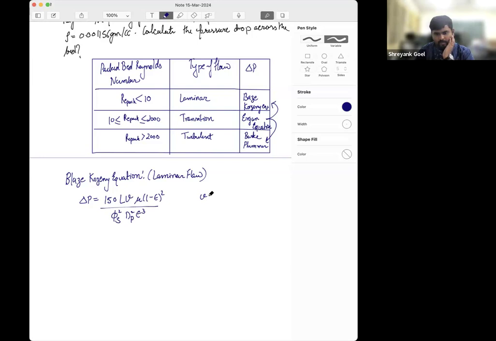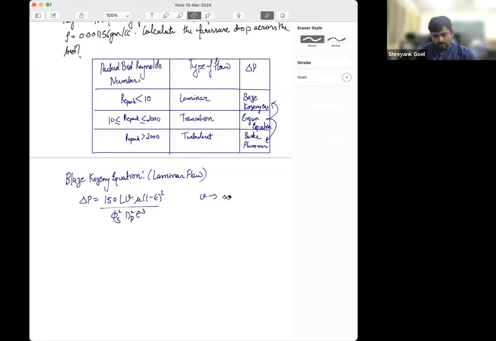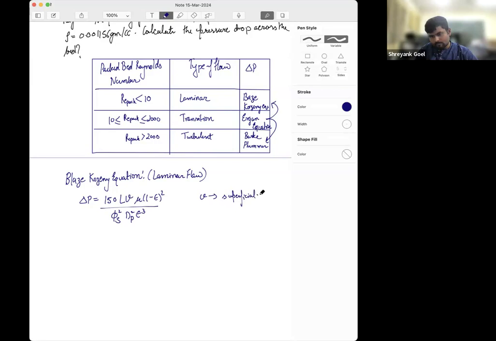Okay, so V is superficial velocity of fluid. L is height of packed bed.